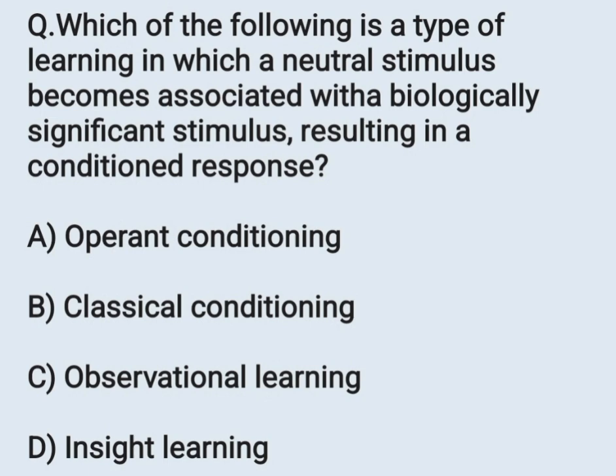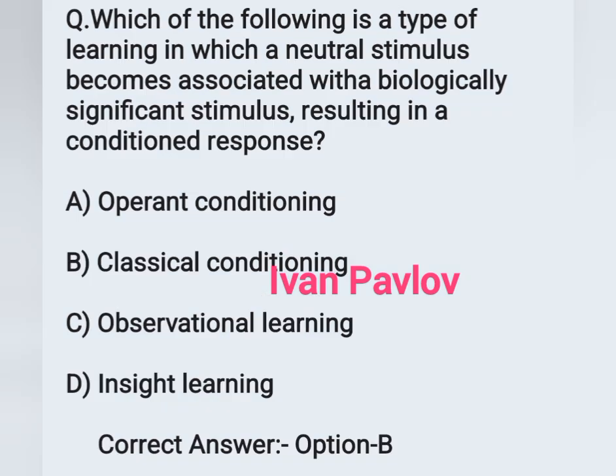Here the question is, in which type of learning a neutral stimulus becomes associated with a biologically significant stimulus which produces a conditioned response. A conditioned response occurs in case of classical conditioning, by Ivan Pavlov. Correct answer is option B.